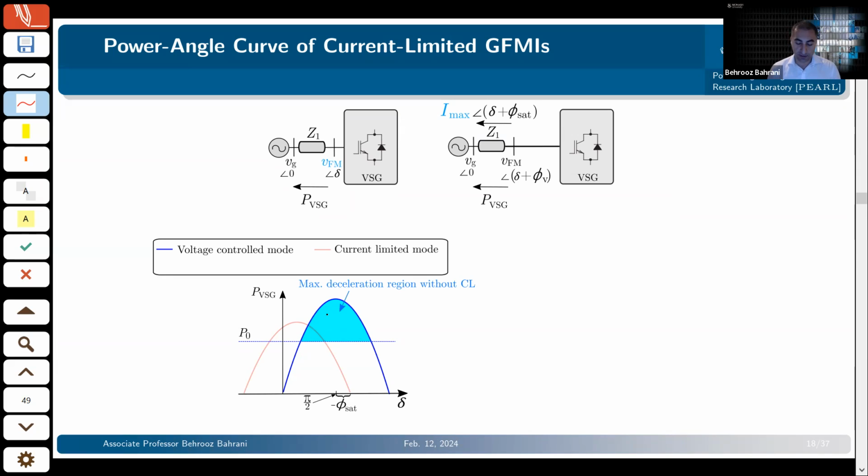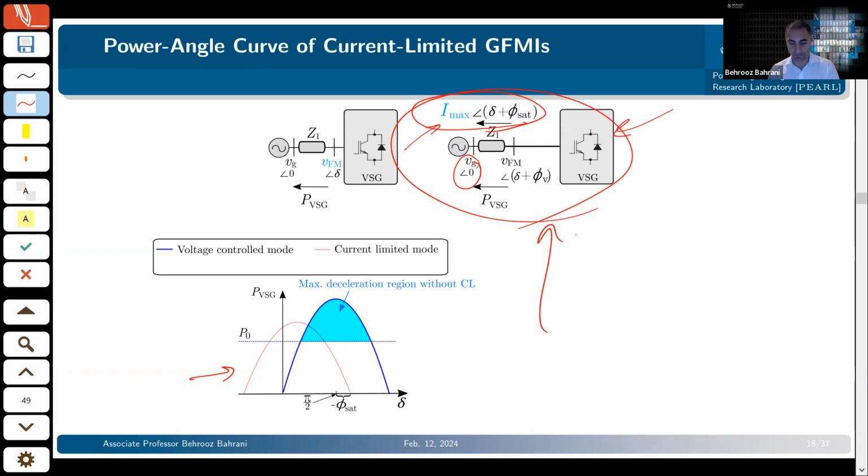We know that as soon as the current is more than a given limit, we have to limit the current. Now, this red curve shows the power angle curve of this system when your current is limited. So when the current is limited, this inverter is injecting this much current, and this current going into the voltage at the point of connection, the voltage of the grid, will tell you how much power you're injecting, and you can come up with this red curve. This is the power angle curve for this system on the right, when the current is limited.